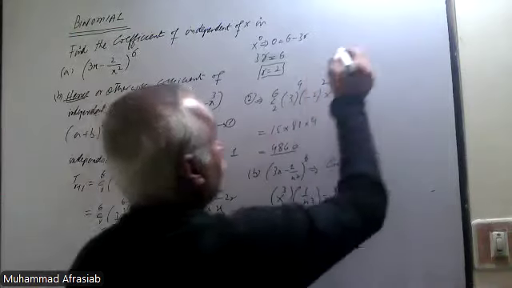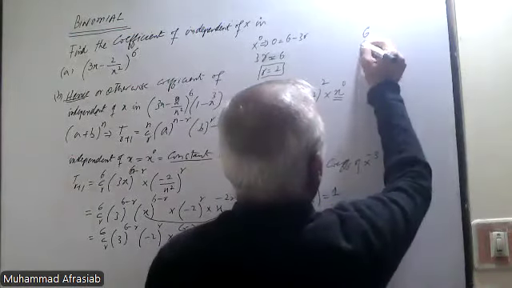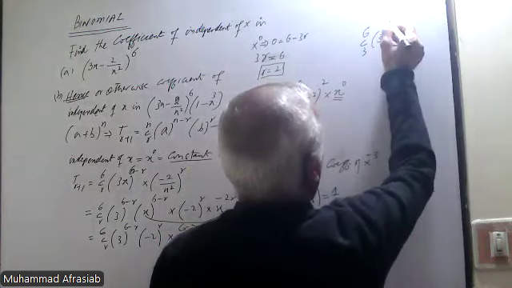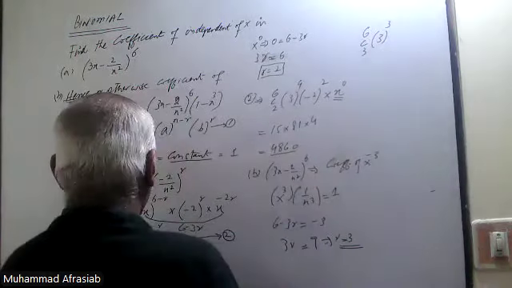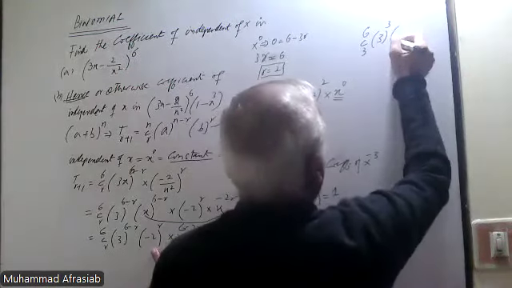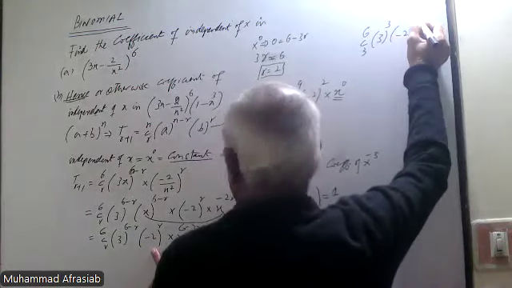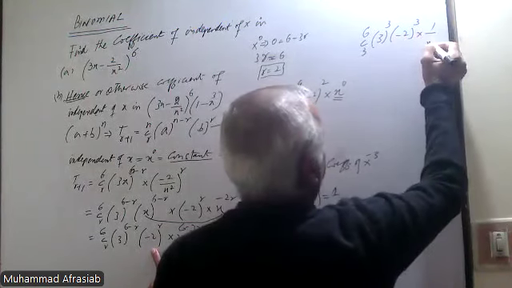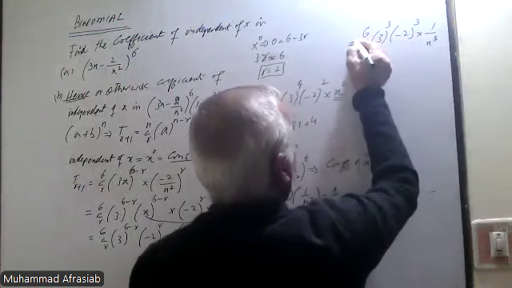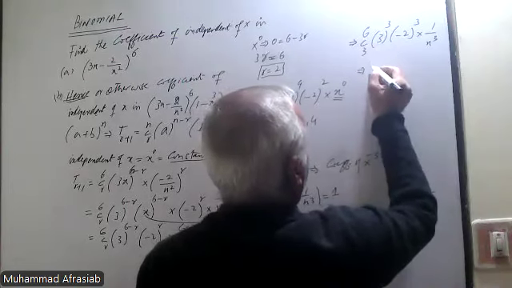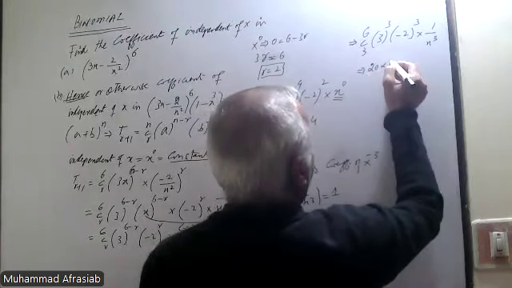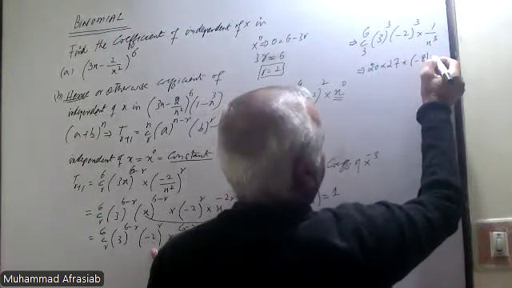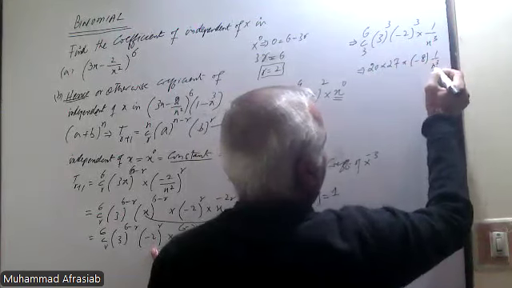It will become 6C3 into 3 power 3 into minus 2 power 3 into 1 over x cubed. So this will become 6C3 is 20, 3 cubed is 27, minus 2 cubed is minus 8, times 1 over x cubed.